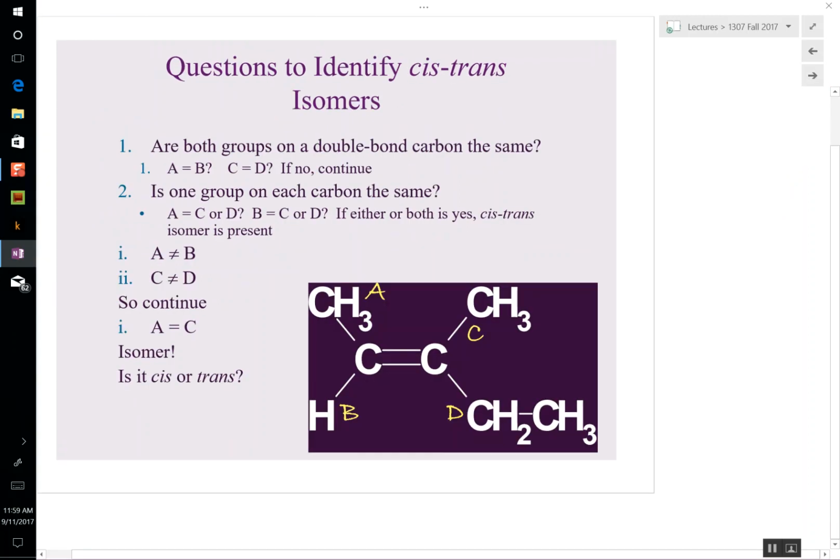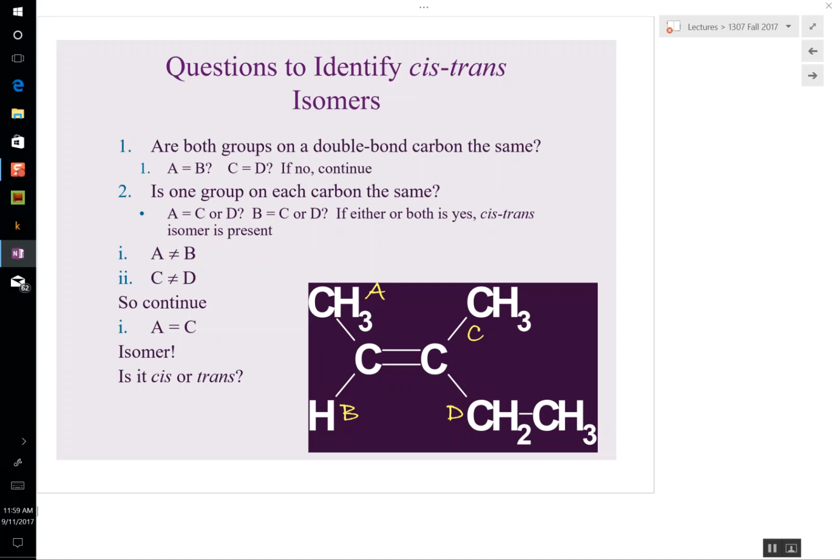Try to apply that. So here's a molecule. There's your A, B, C, D. There's the double bond, and here are the 4 things that are around it. So ask yourself, first of all, does either one of these carbons have 2 of the same thing on them? No. That carbon has a hydrogen and a methyl.